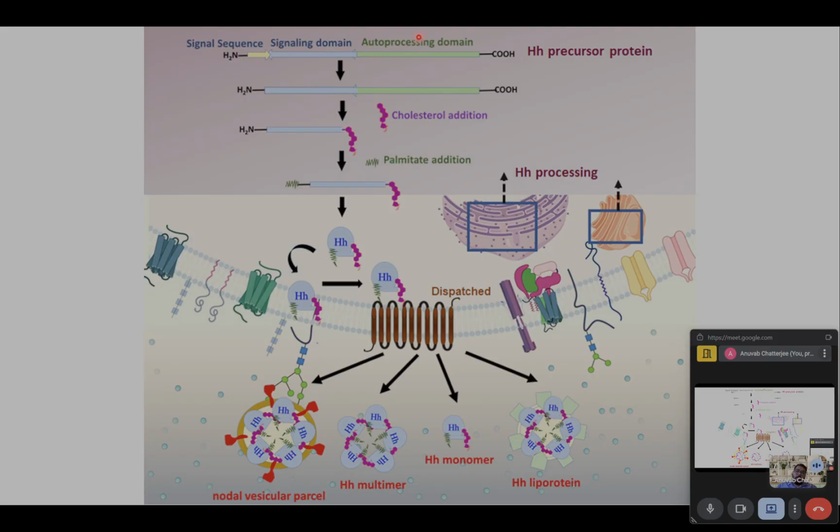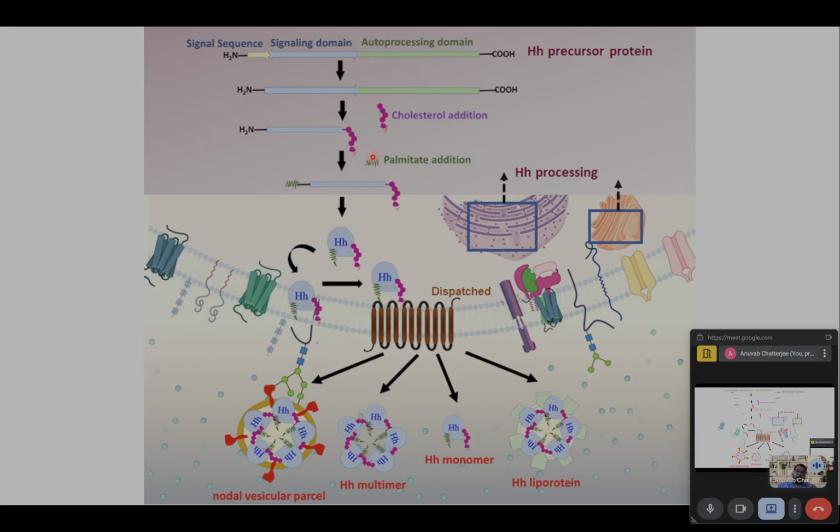The auto-processing domain can do something known as self-cleavage. It just cleaves itself off, so the actual ligand is very small.